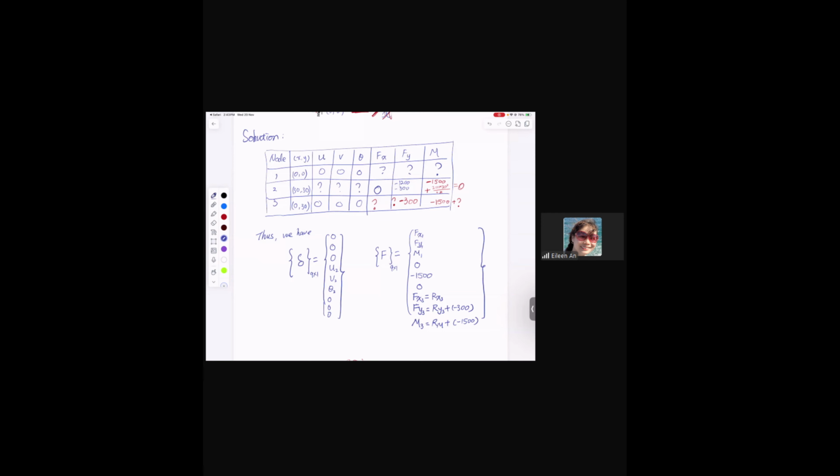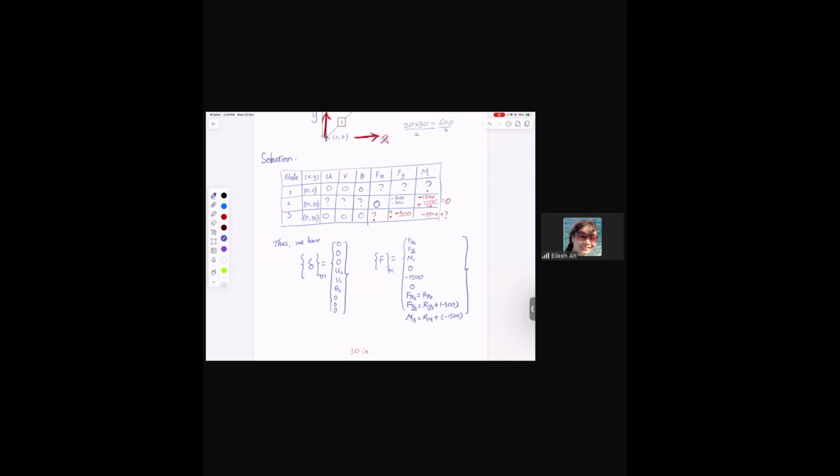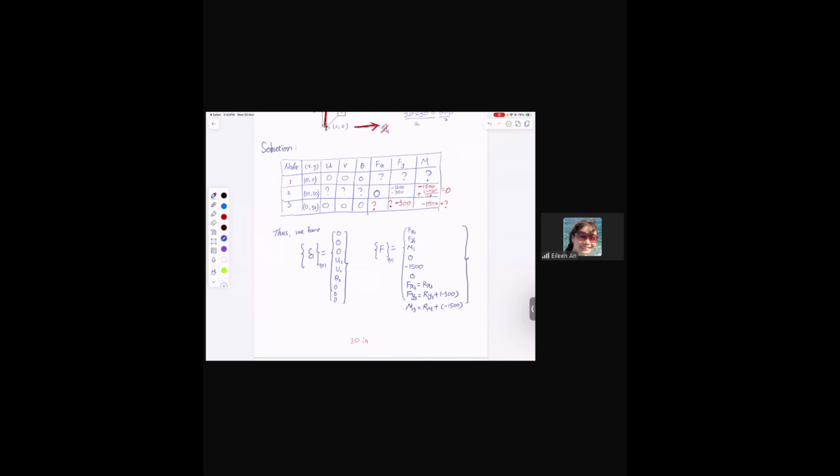we have completed the most important part of this problem. And then we have to figure out the elements. So we need to create another table for the element. And for this case, we have 2 elements only.